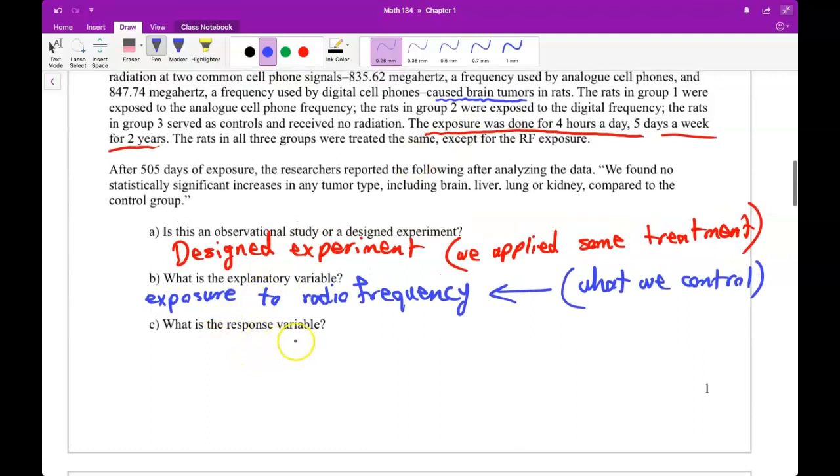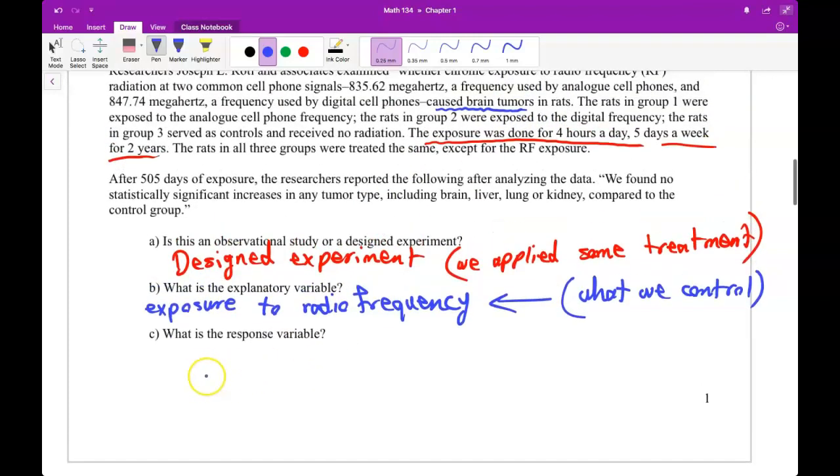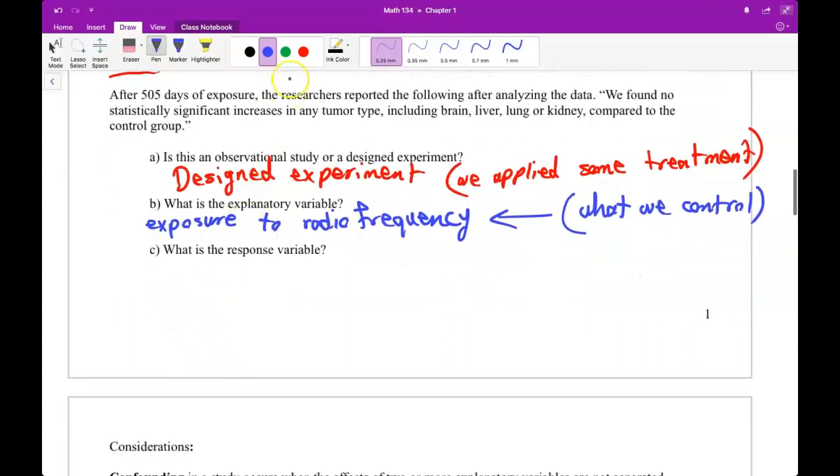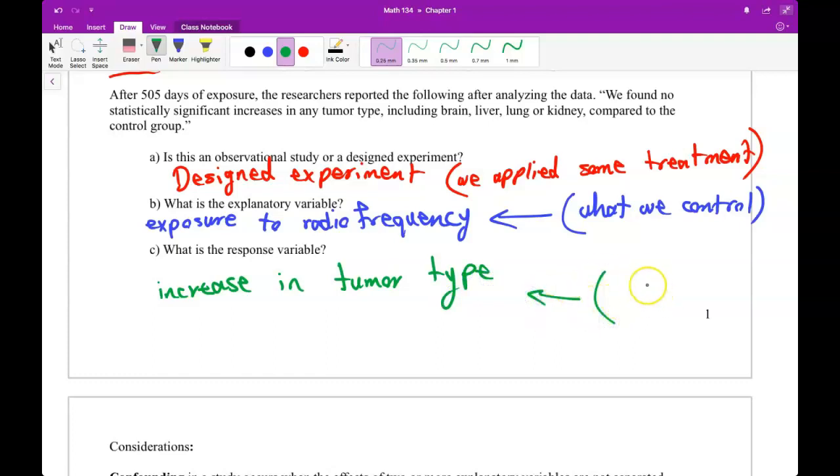And what is the response variable, or in other words, what is the outcome? Here it said cause brain tumors in rats. So that is the outcome. So we can write increase in tumor type. This is what the outcome is.